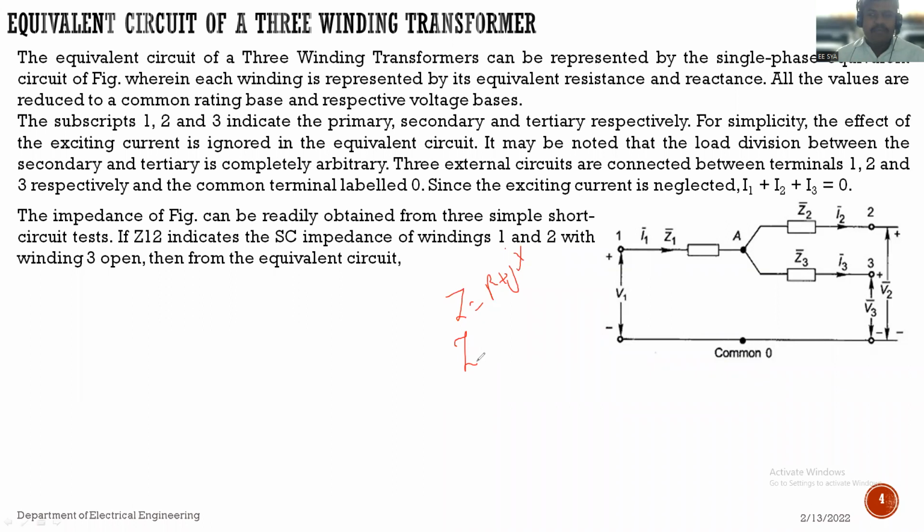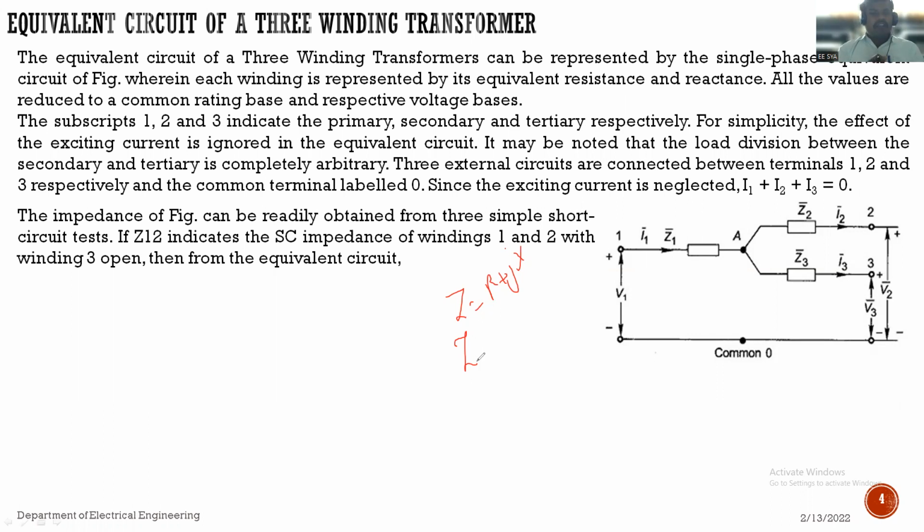We consider one base value, and by considering that base value we convert the real value of impedance into a per unit value, and this can be used for deriving the equivalent circuit. We use this value to derive the equivalent circuit.